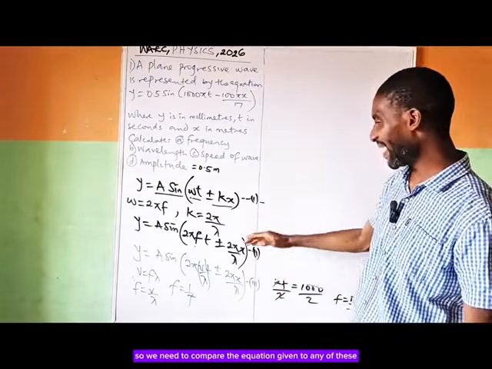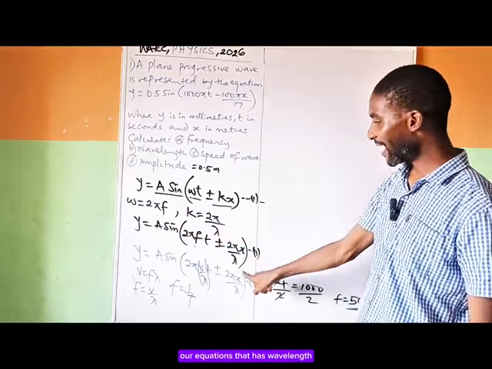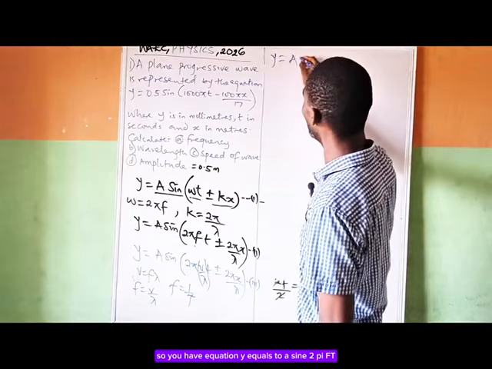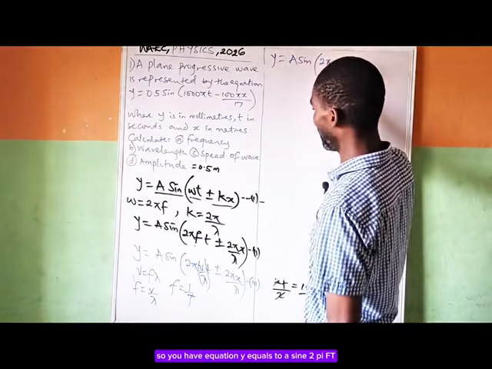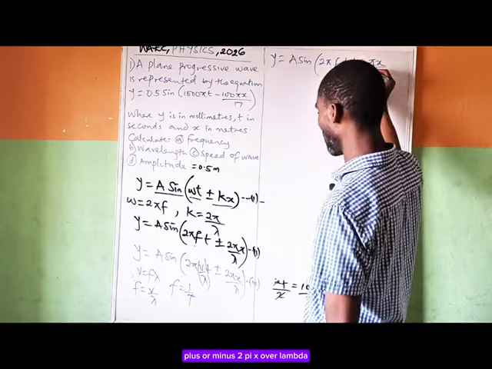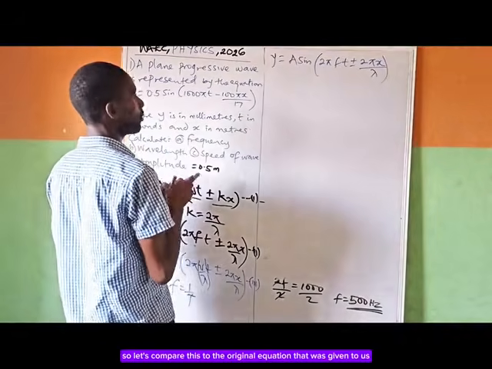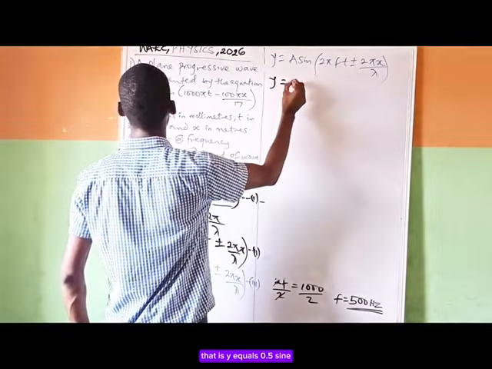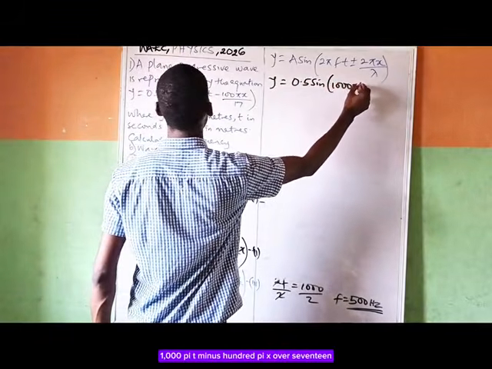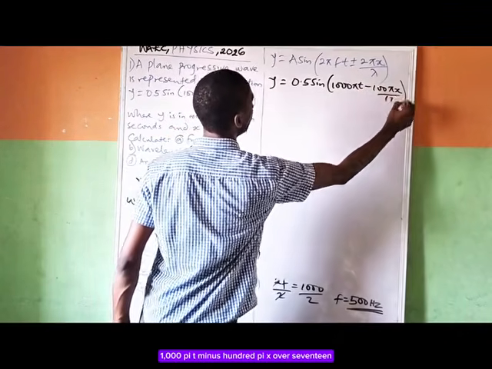We need to compare the equation given to the equation that has wavelength: y = A sin(2πft ± 2πx/λ). Let's compare this to the original equation that was given to us: y = 0.5 sin(1000πt − 100πx/17).